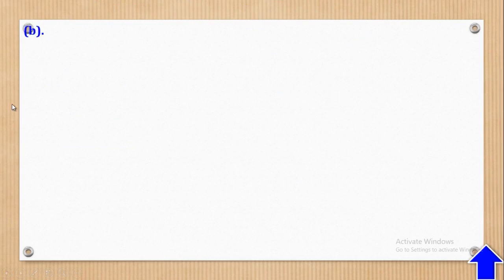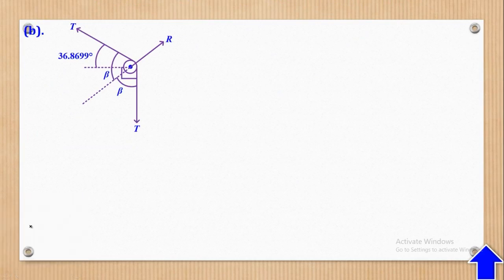So for part Roman 2, those will be the forces acting. This was the tension in the string. These are the two tensions in the string. This reaction or force on the pulley will pass through the bisector of these two forces. This angle and this angle are equal, and I've called them beta because I don't know them yet.